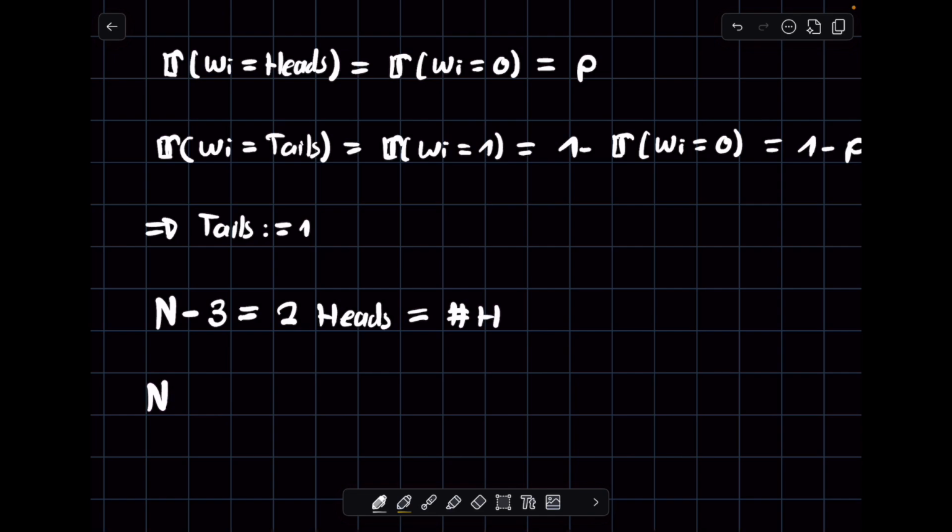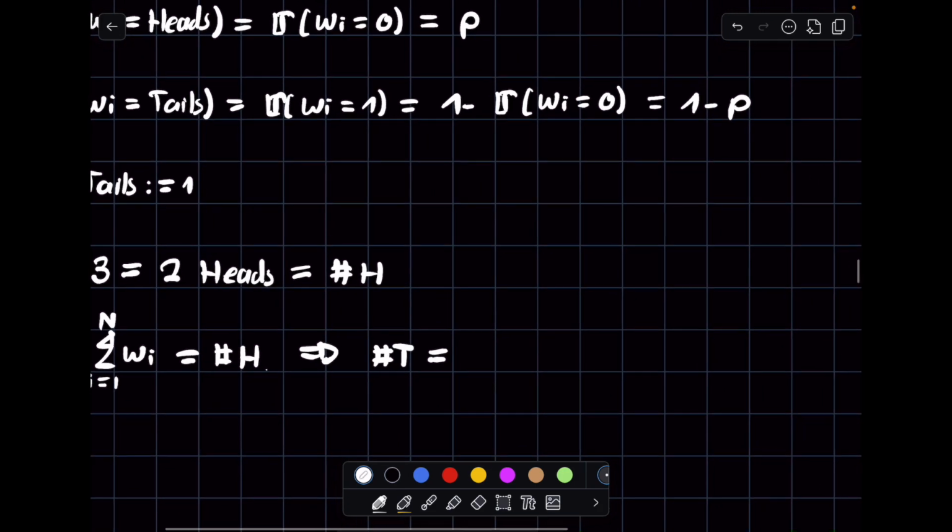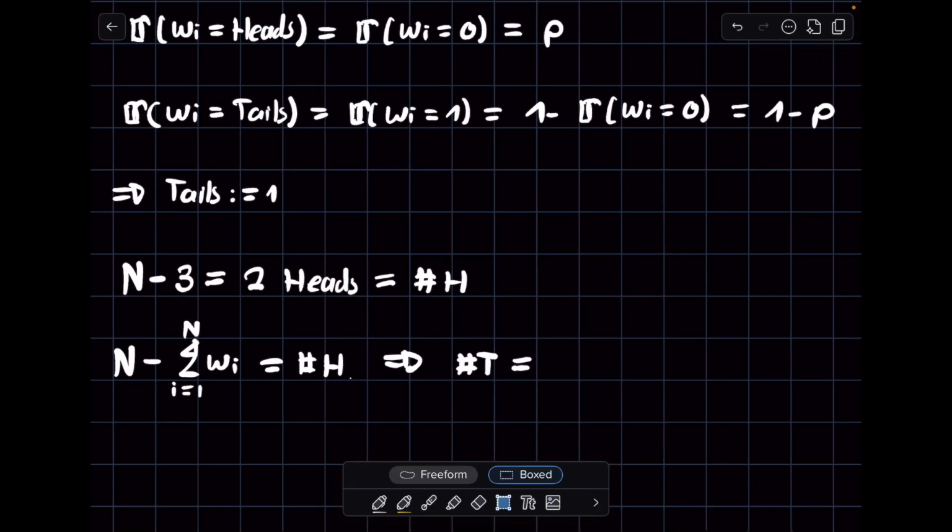So if we want to do this, we sum up to 5, Wi. And Wi, omega i, works because we only have 0 and 1. So if we just add ones, that's going to be, simply put, our tails. So this is going to be equal to the number of tails, which is given, simply put, by this little guy.